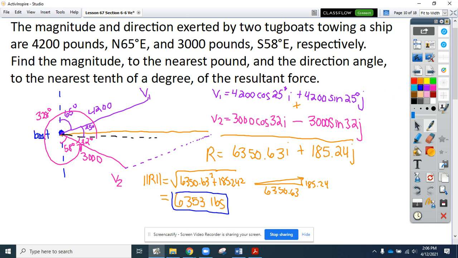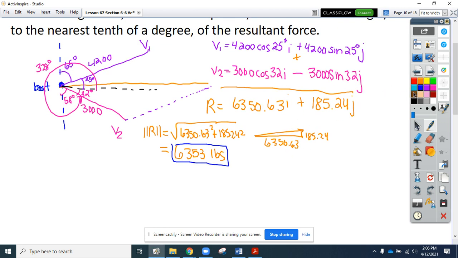And then last part, we want the direction angle. So now again, because I drew the resultant force that I got, all I'm looking for is this angle, which you can tell is going to be very little. So I think the easiest way to find this, I have the opposite and the adjacent, so I'm going to use tangent. Tangent of theta is the opposite over the adjacent.